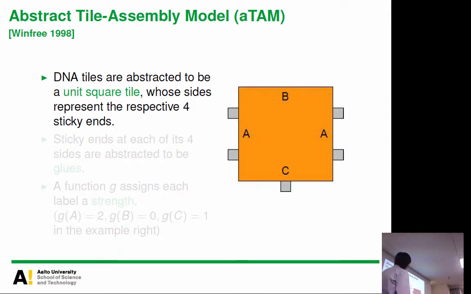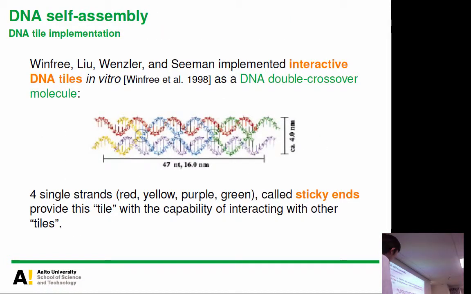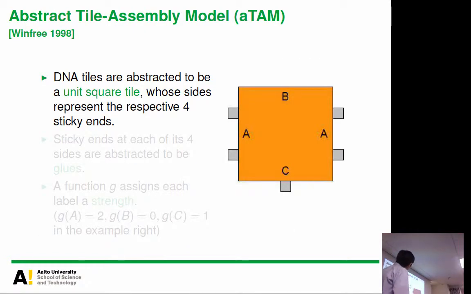So what we should do first is to abstract these DNA double crossover tiles, with 4 sticky ends, by a square with 4 sides. And then each side has its own DNA sequence. This corresponds to a single-stranded DNA sequence. So it has 4 sticky ends.